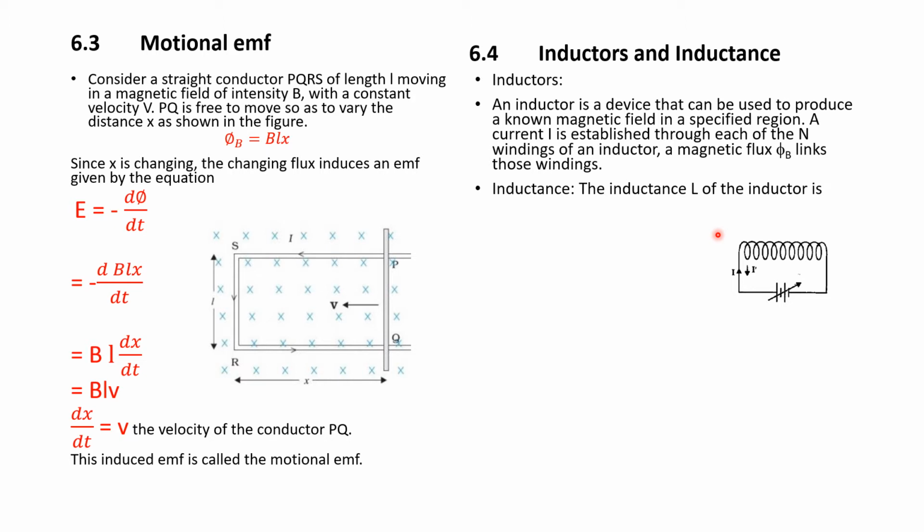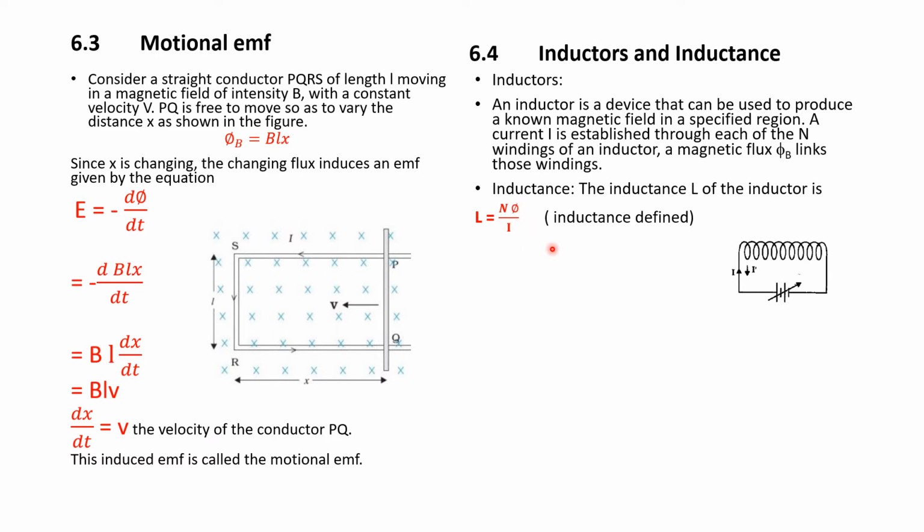Inductance. Previously we studied inductors. An inductor is a device; inductance is the characteristic, the specification. The inductance L of the inductor is defined as L = N phi / I. That is, inductance L is equal to the number of turns times the flux divided by the current.